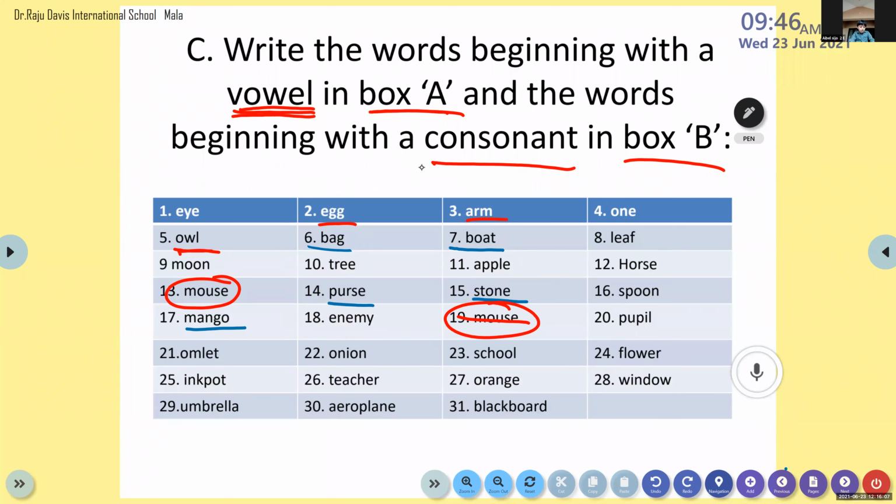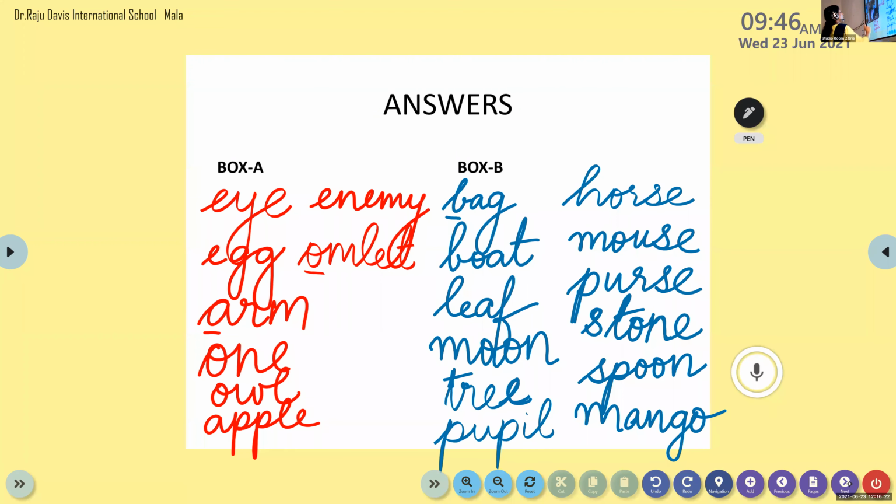O-N-I-O-N. Onion. Yes. Now where we have to write that word? It starts with O. So where we have to write? Yes, we have to write in box A. All of you, please write the word onion in box A.